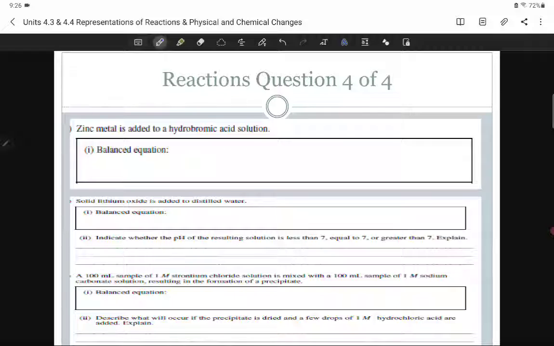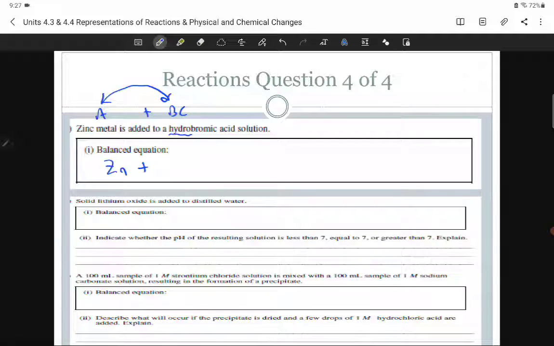Another net ionic. Zinc metal plus hydrobromic acid. So this is like an A plus BC reaction. That's a single replacement. So that means the metal part is going to have to replace the metal component. I know it's not quite really a metal component in this case because it's an acid, but we're going to still do the reaction in that format.